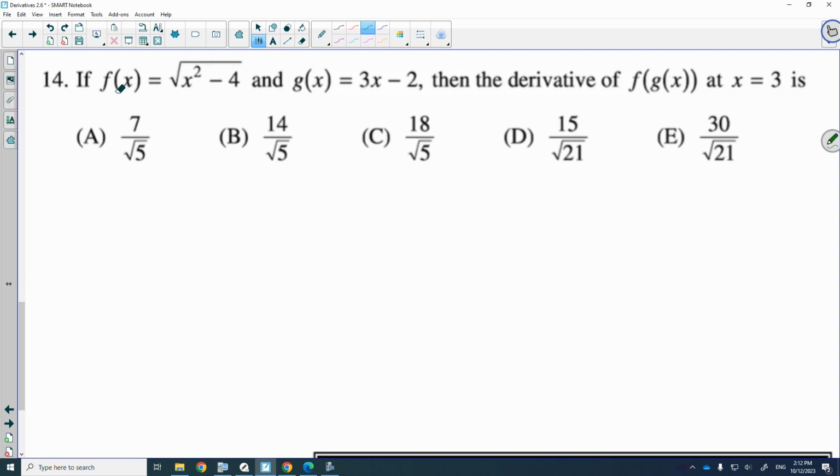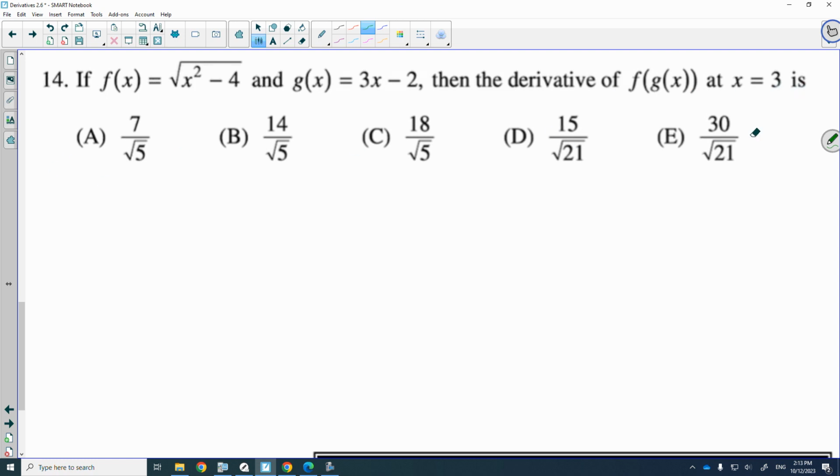So I want you to write on a sheet of paper, f of x is equal to x squared minus 4. So write that function. Write down g of x is equal to 3x minus 2. And then write this sentence down. The derivative of f of g of x at x is equal to 3 is.